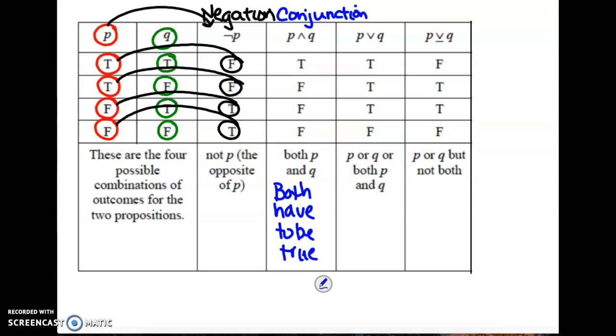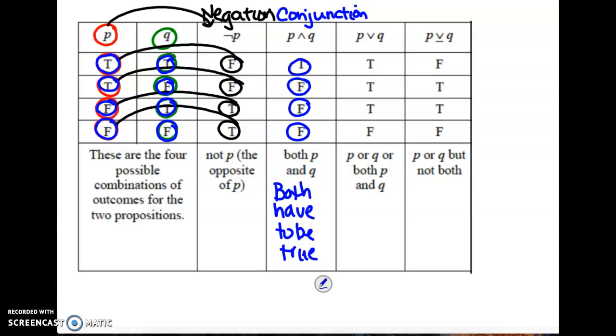So let's go back. Look at the first row, true and true means this one is true. Next row, this is true, this is false, both of them aren't true, so we have a false. Next one, false and true, both of them aren't true, so that conjunction is false. Last one, false and false, so we have false.